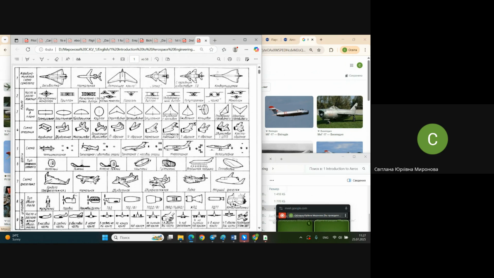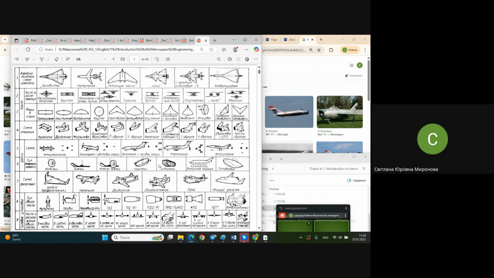What do you see right now? It's a table with possible decisions for the general arrangement of different airplanes and existing technical decisions. Not all, of course, but the most important and the most usable of them are represented in this table.